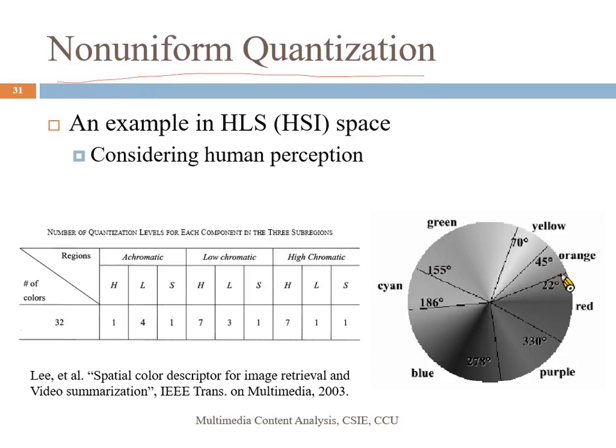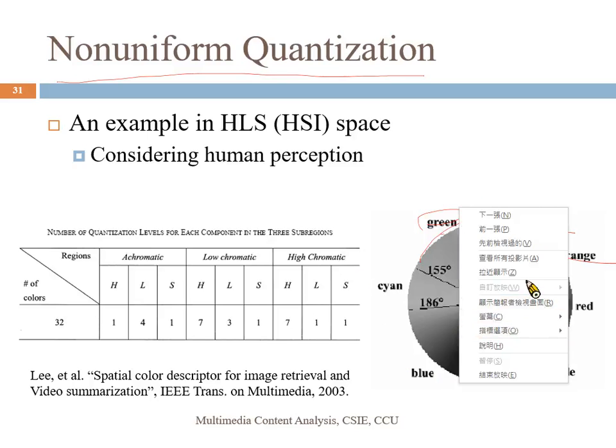For example, for the hue, from 22 degrees to 45 degrees would belong to orange, and from 45 degrees to 70 degrees would belong to yellow. But from 70 degrees to 155 degrees is all green. So this is according to our human perception. It would be better if we can non-uniformly divide the color range.